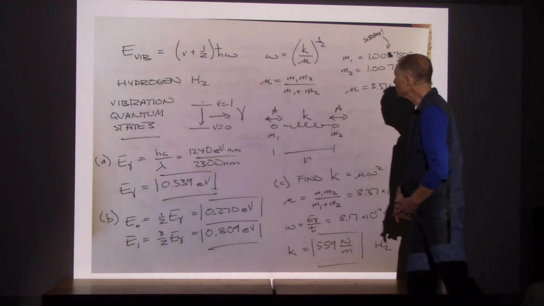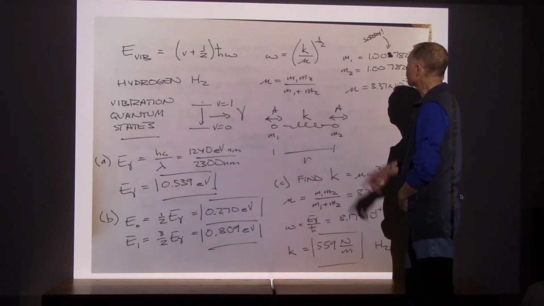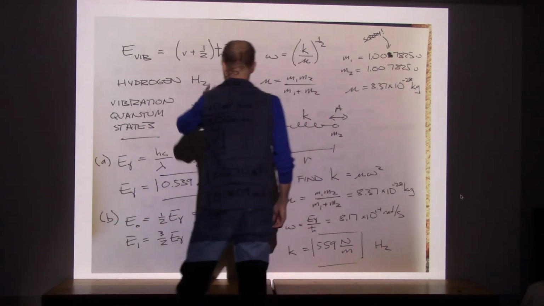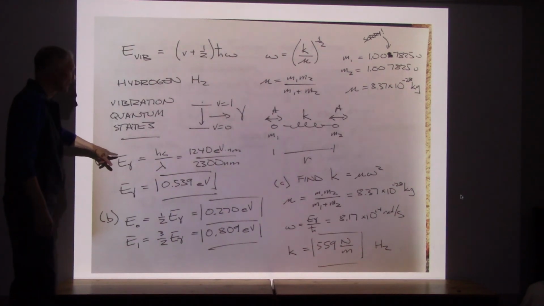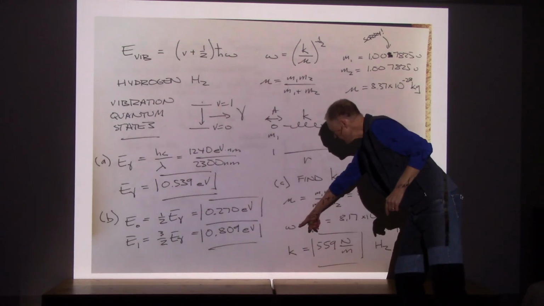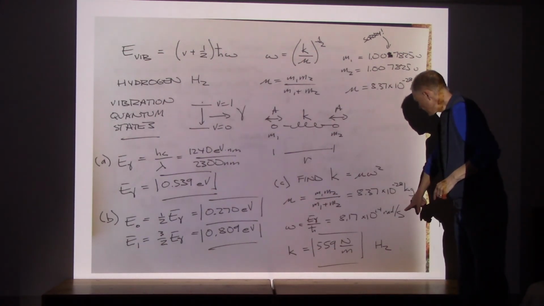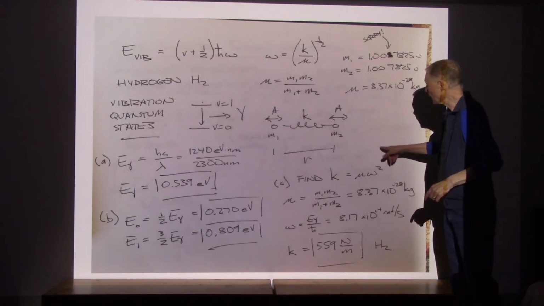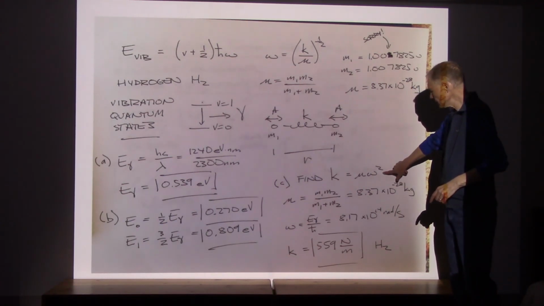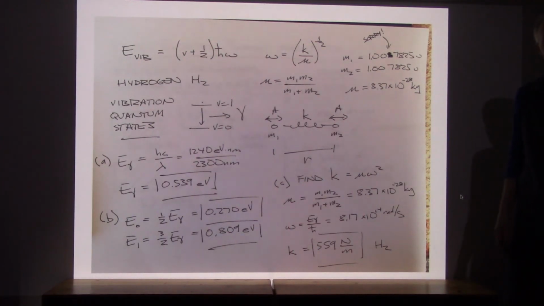Working from the formulas we have here in terms of the photon energies, we can calculate omega as the energy of the photon over h bar, and this gives us a value for omega. I plug that into my K, and I end up with 559 newtons per meter. So that's how stiff the bond is in hydrogen.